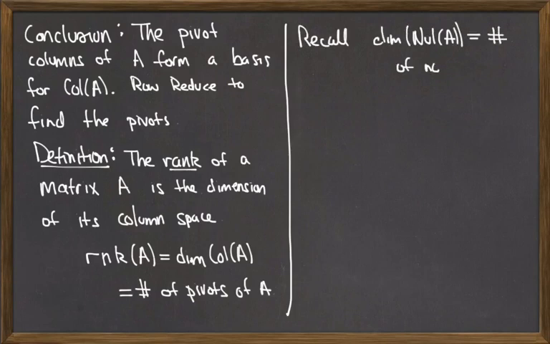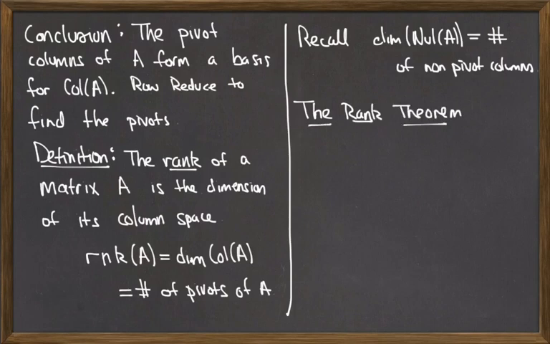Recall that the dimension of the null space, in complement to that, is the number of non-pivot columns. If you're trying to solve the homogeneous equation, you care about how many free variables will be in your solution set, and that's going to be determined by the non-pivot columns. And so we get an easy little bit of arithmetic here that is called the rank theorem.